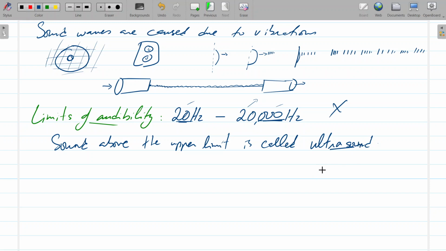You might have heard of it in terms of medical procedures. And it is exactly what it says. It's ultrasound, so the frequency that they're using is above 20,000 hertz. So dog whistles use ultrasound. Dogs are able to hear it. Bats use ultrasound. So when they scream, we can't hear it.